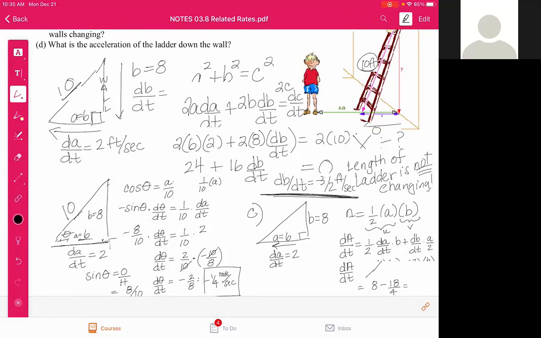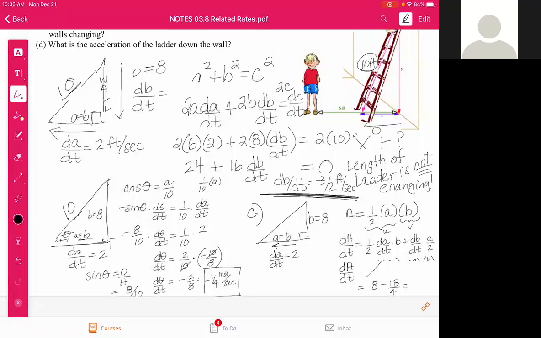If that is the velocity or the rate at which the ladder is going down the wall, if you took the derivative of that, what would you get for the acceleration? Yeah, that would be 0. So your acceleration is actually 0.